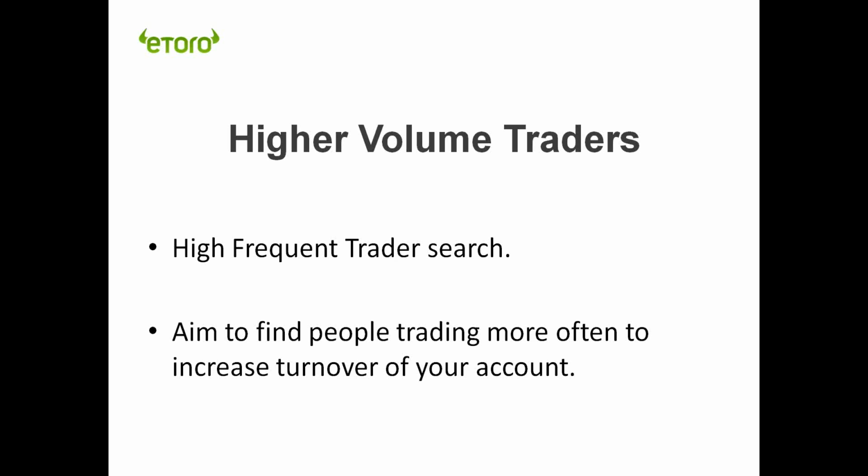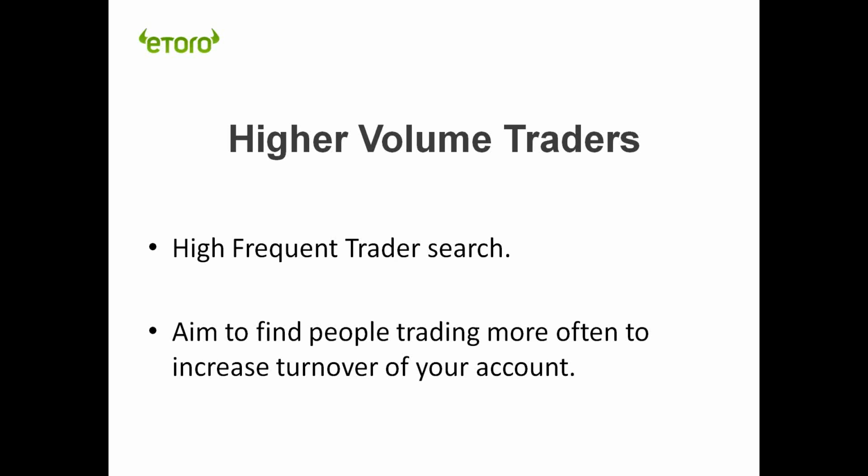And what being low risk still means is if one particular trade or 2 or 3 or 4 trades go against you, because let's be honest, you can't be 100% correct all the time, yes, you'll take a loss, but the sheer number of trades that you're going through and hopefully the winning percentage is high, we're going to be able to find traders that are going to give us a better return.